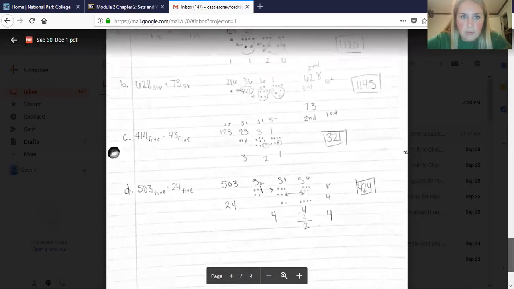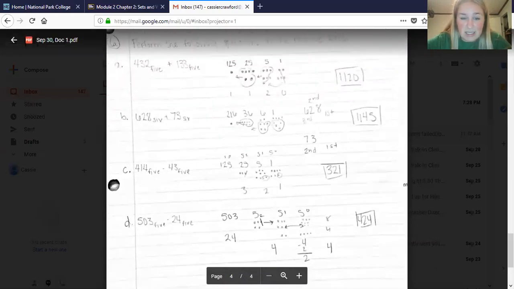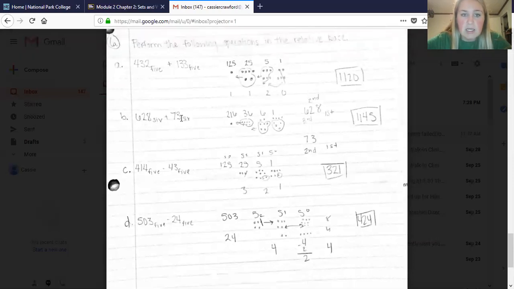And some of the other ones are exactly alike. I just did them in a different way, like 628 base 6 plus 73 base 6. So you have 216, 36, 6, 1. You have 1 dot in the first column, and 1, 2, 3, 4, 5, 6, 7, 8, 9 in the second column, so on and so forth.